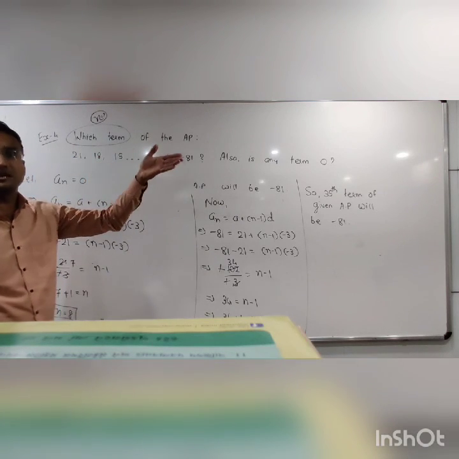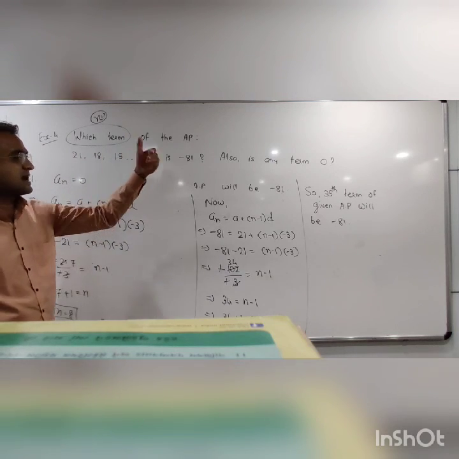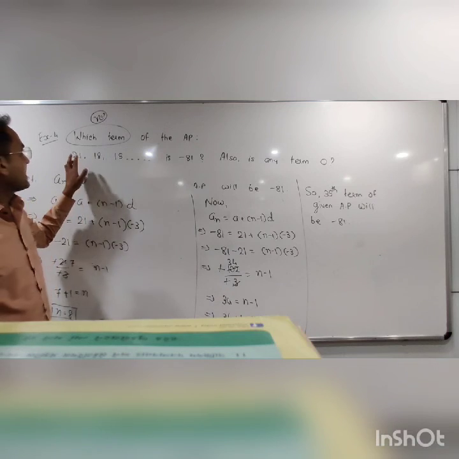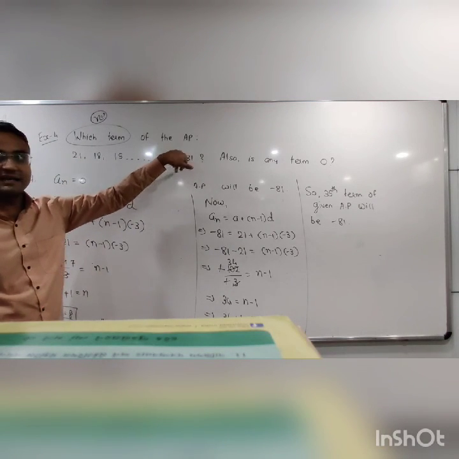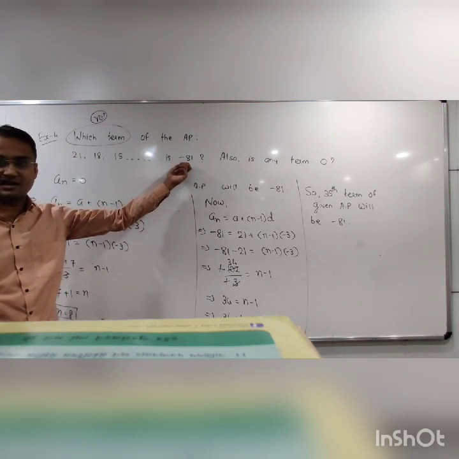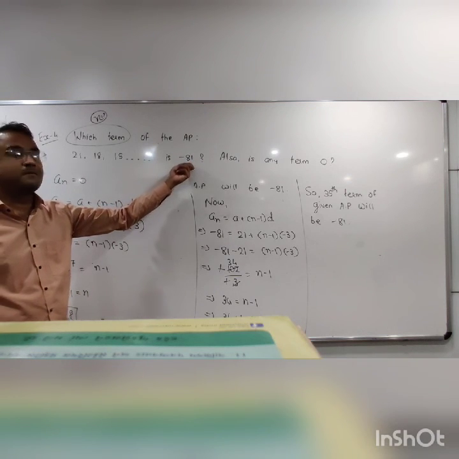Which term मतलब हमें नंबर पूछा कि ये फर्स्ट है, सेकंड है, थर्ड है, ऐसे हम आगे जाए, कहां तक जाए, मतलब n we have to find. So I am having a and d, here minus 81 is your an. ठीक है, क्योंकि यहाँ तक ही हमें चेक करना है, तो ये आपकी लास्ट टर्म होगी, an means last term.